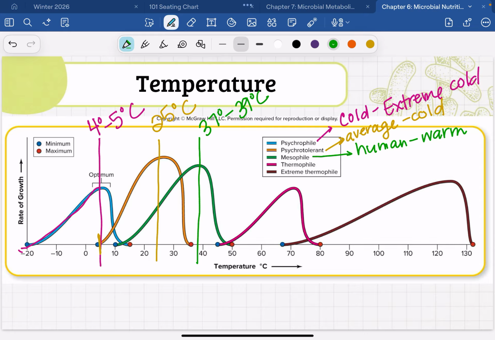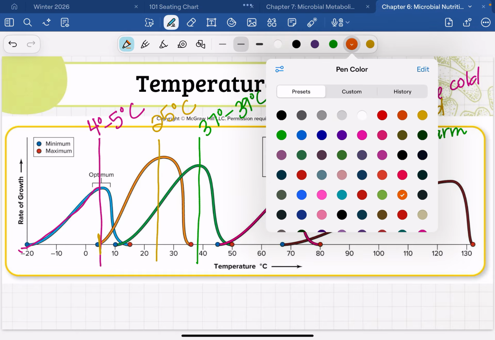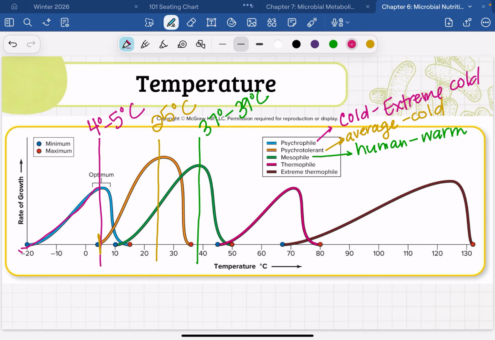Okay. So next, I wish I had color-coded this more properly, but it is what it is. Okay, so next we have the thermophiles. And thermophiles, their average optimum temperature is usually about 70 degrees Celsius. Now, what temperature is boiling in Celsius? 100.